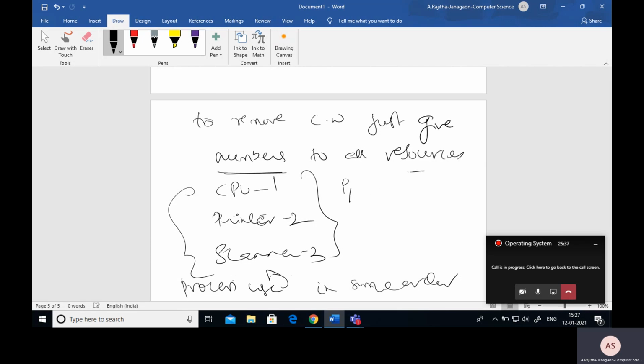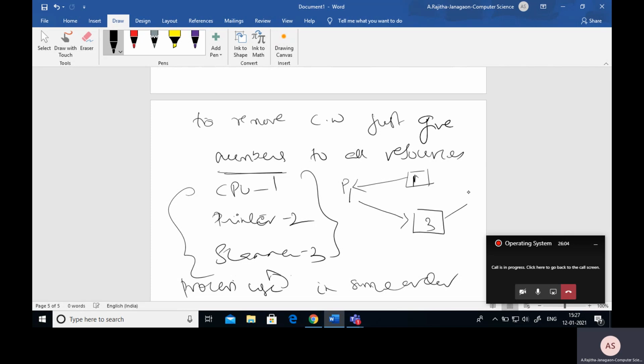Here in the CPU, P1 is executed. That means at a time only one process is executed inside the CPU, and one is nothing but the CPU. So here the P1 process is executed, and P1 is waiting for the scanner.